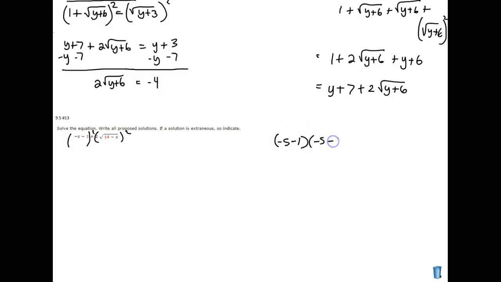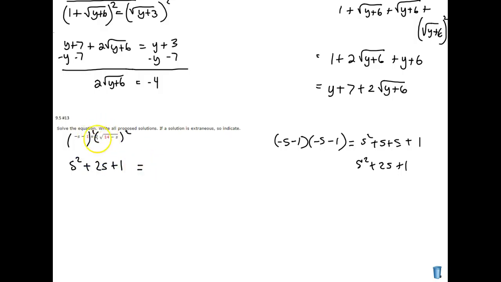So negative s minus 1, negative s minus 1 gives me s squared plus s plus s plus 1, right? So s squared, that's a plus s plus 1, okay? So s squared plus 2s plus 1. That is this side.